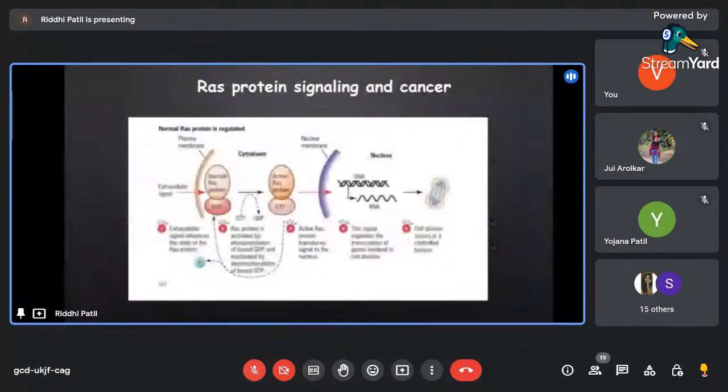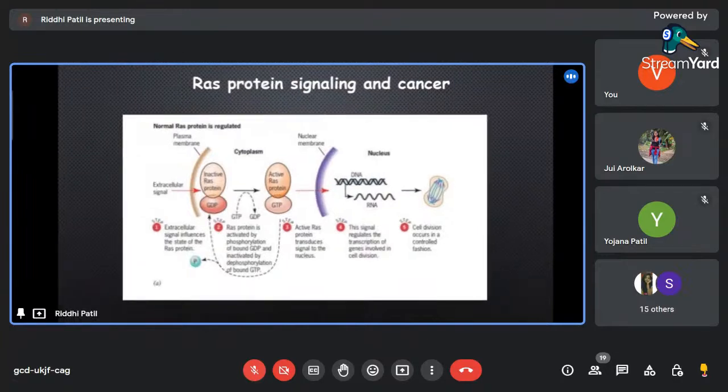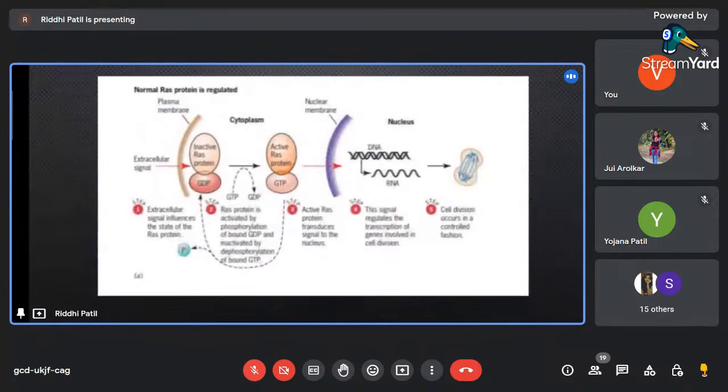The RAS protein signaling and cancer. How is the RAS protein involved in converting a proto-oncogene to an oncogene? In normal cells, the RAS protein is regulated. In the first step, the extracellular signal affects the state of the RAS protein, which is in inactive form.